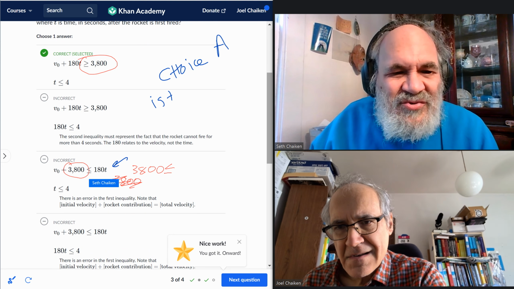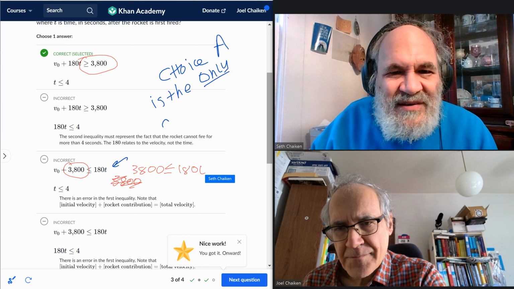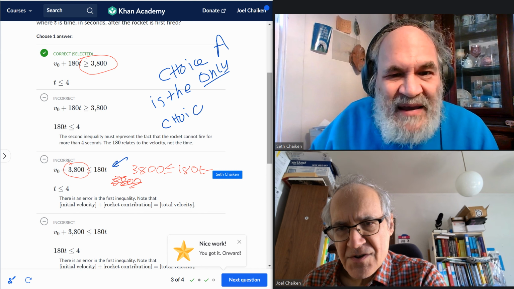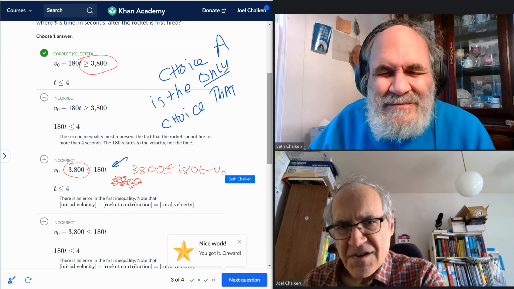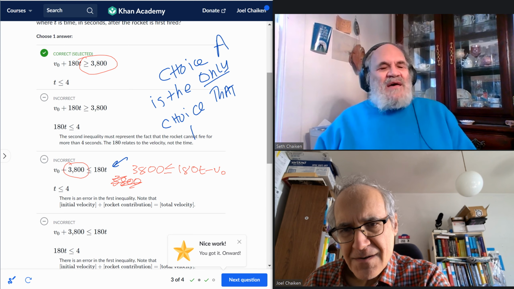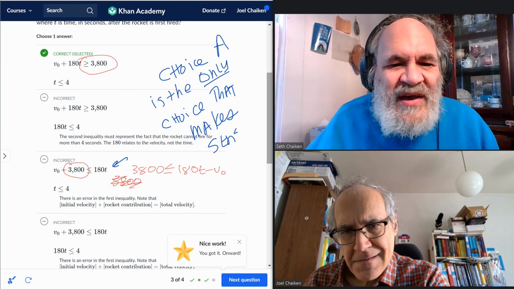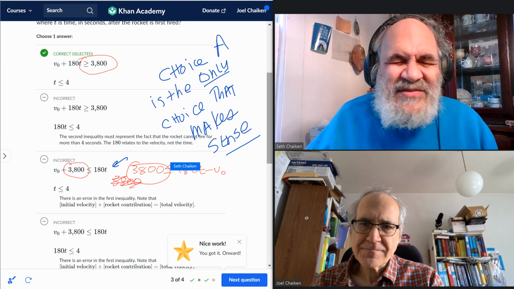Here, something is greater than 3,800, and the something is 180T minus V0. So you can't distinguish between choice A and choice C by the sign of the 3,800 in the inequality.